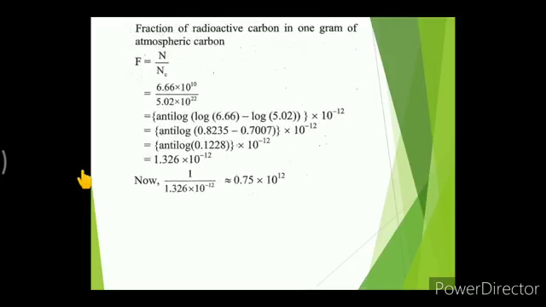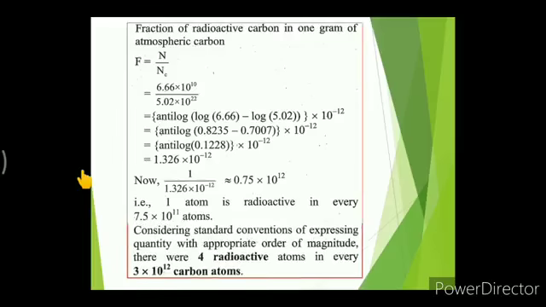Then we are getting the reciprocal of 1.326 into 10 raised to minus 12, which we obtain around 0.75 into 10 raised to 12. That means one atom is radioactive in every 7.5 into 10 raised to 11 atoms.